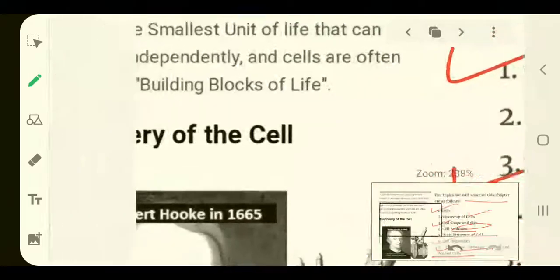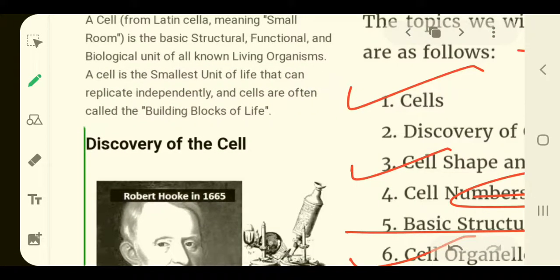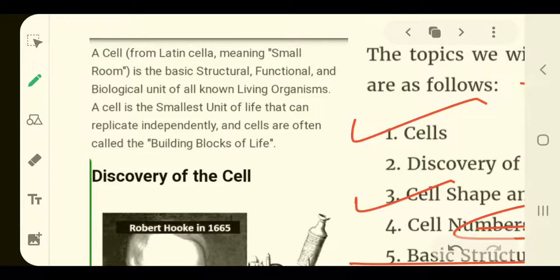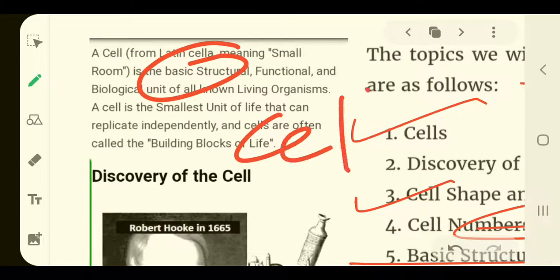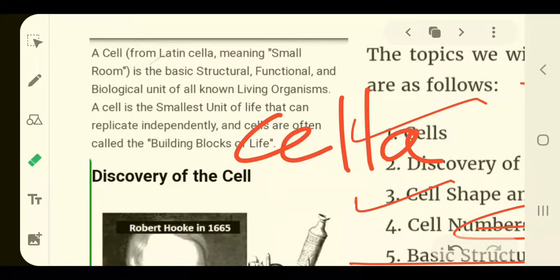So basically, as we all know by this time, the word cell is obtained from the Latin word cella, which means small room in Latin, and this biological unit called cell is the building block of life.